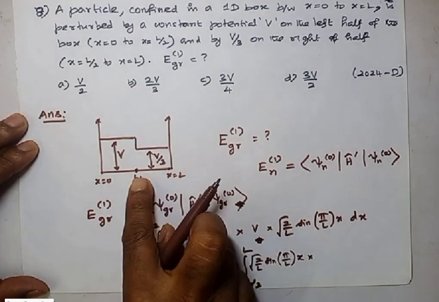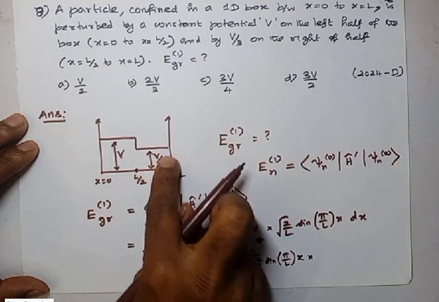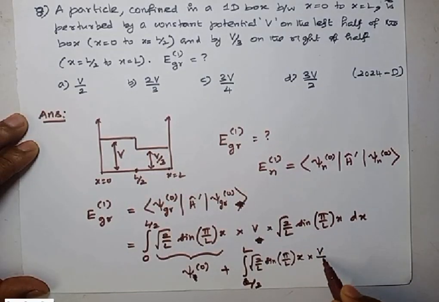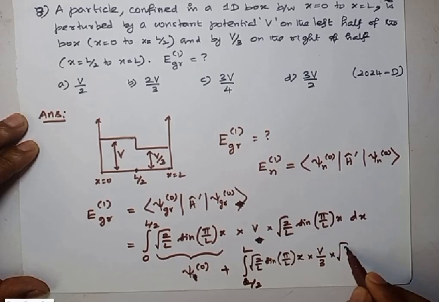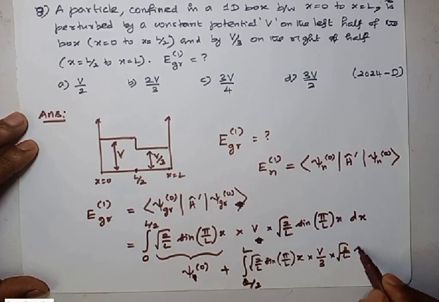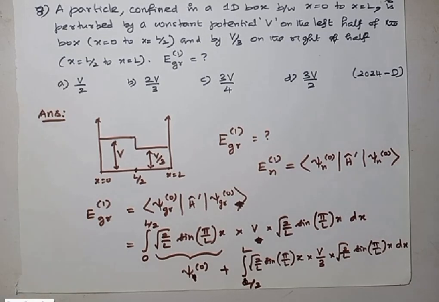For the right half, we have a perturbation with a constant potential V/3. So the perturbation is V/3 into square root of 2/L, because we write the same wave function again, sine of pi by L into x, dx.